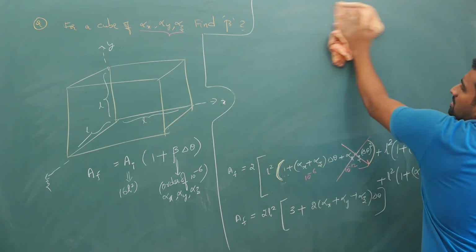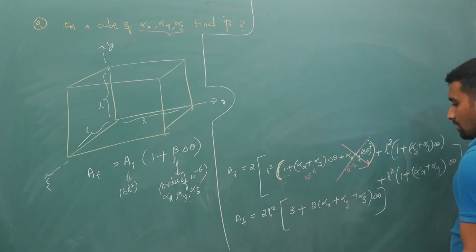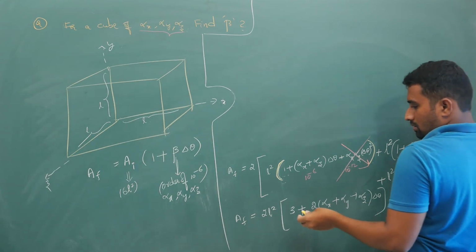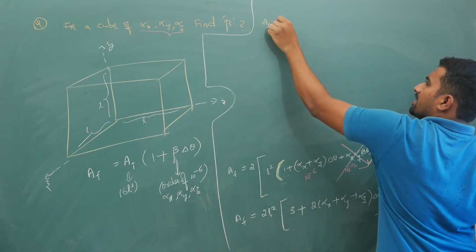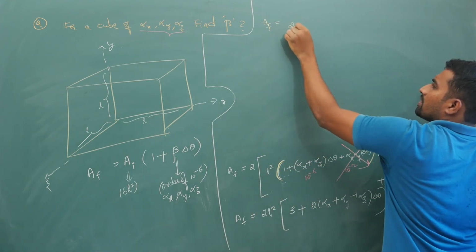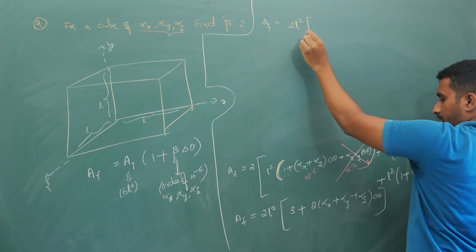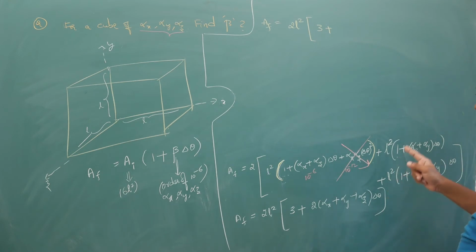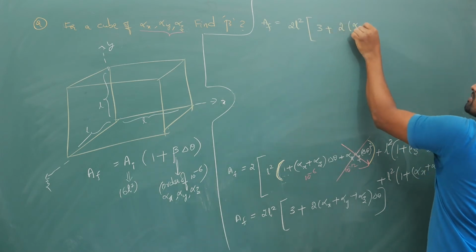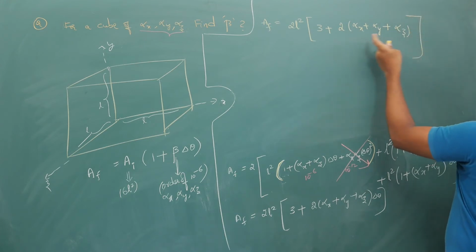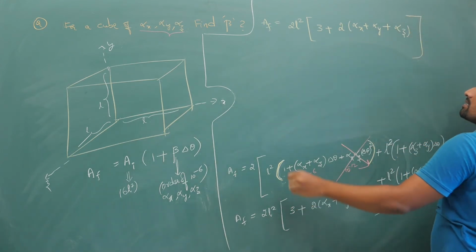Now if I erase this stuff, I am going to get your final area as 2L square times, this will become 3 plus, hope I am correct, 2 times alpha x plus alpha y plus alpha z. If it is a square, make alpha z equal to 0, you will get the results, don't worry.